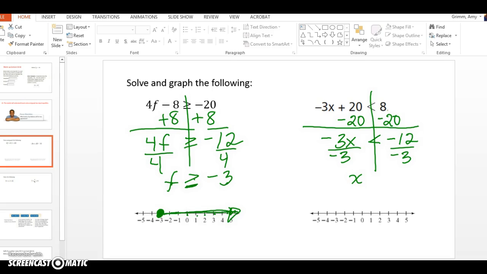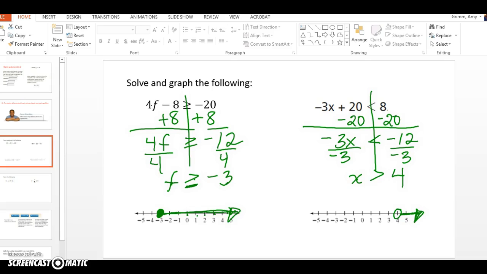Flip your sign. And why am I flipping the sign? I divided by a negative 3, and I get 4. Okay, does this include 4? No, because this is saying x is greater than 4, so it can't be exactly 4. So that's when we put an open circle, and then we want everything greater than that, so we're going to shade to the right. Does that make sense? Okay.